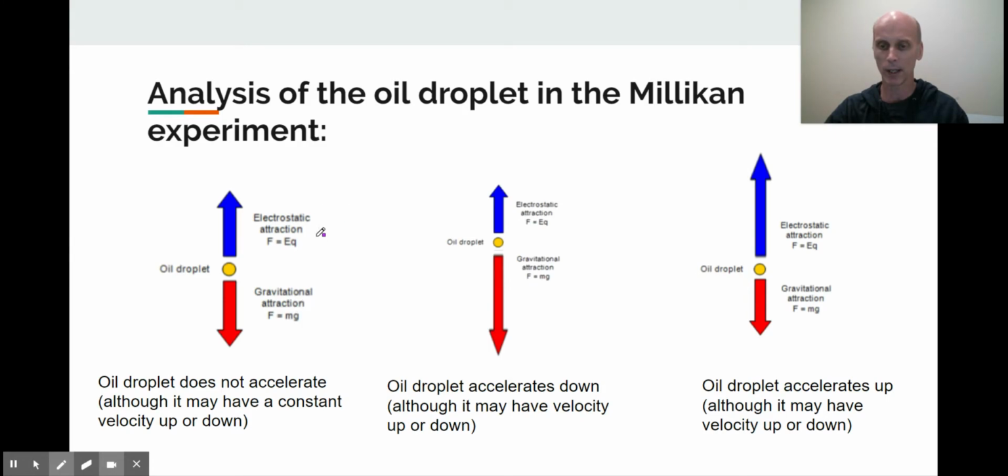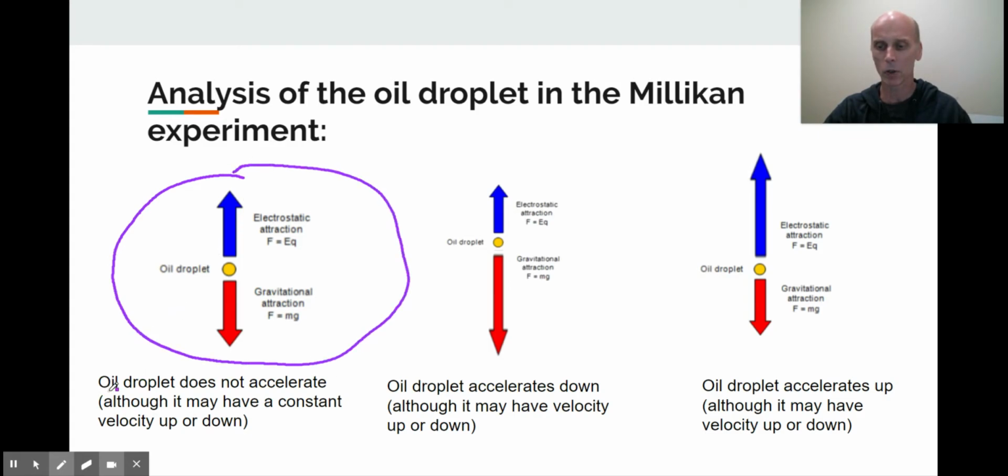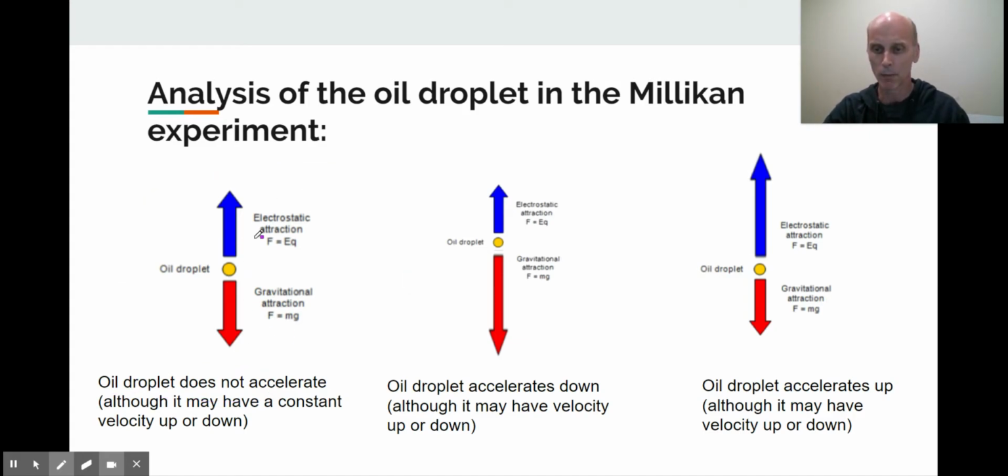Let's qualify them here. We could have, and this is very common in our course, this situation right here in which the oil droplet does not accelerate. And that's because the electrostatic attraction, or the electrostatic force up, is equal to and opposite the force of gravity down.